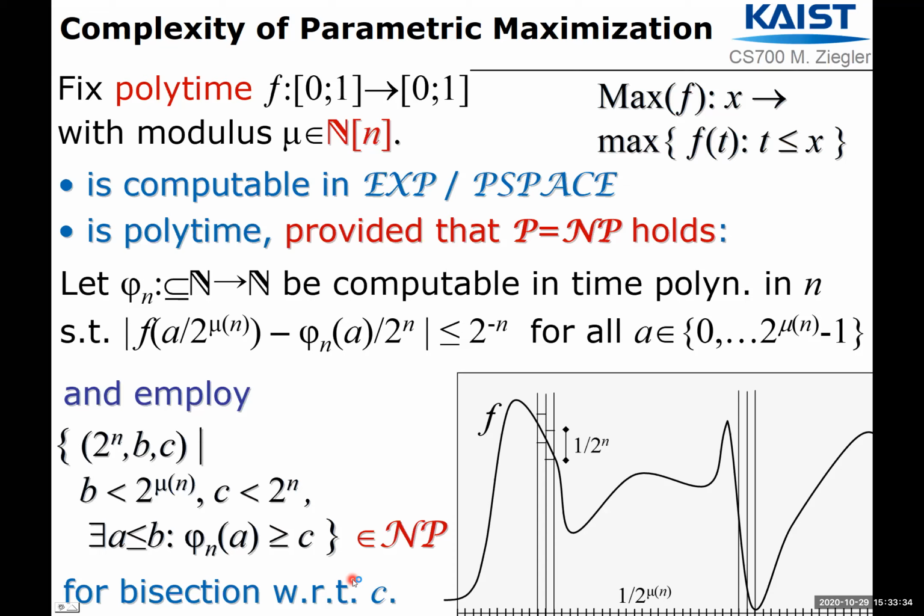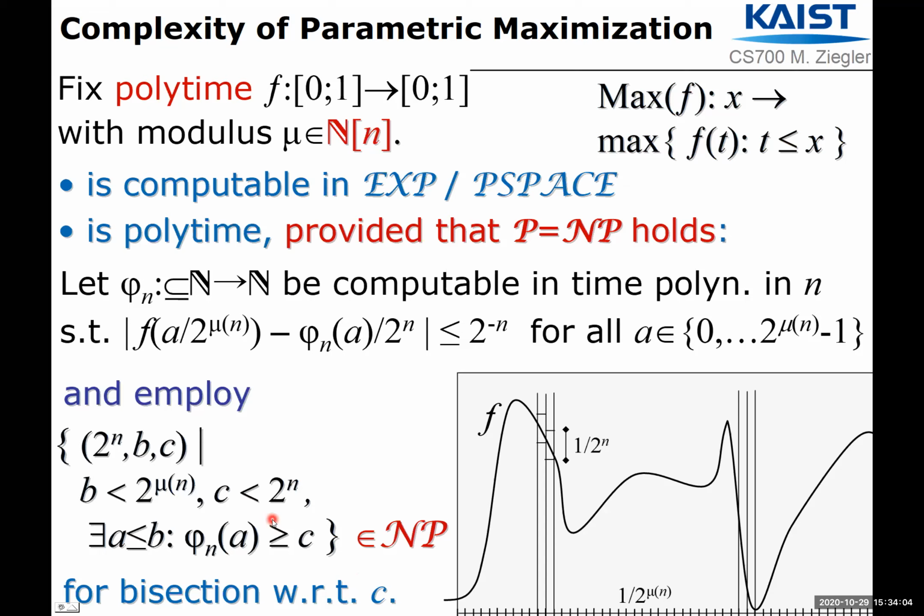So to summarize, maximizing non-necessarily analytic, polynomial time computable functions is actually a pretty involved, subtle question. We have boiled down the complexity from exponential time to polynomial space, and even further down to, well, not really to NP, but to iterated NP for bisection.